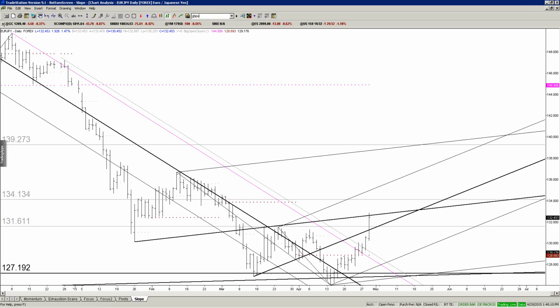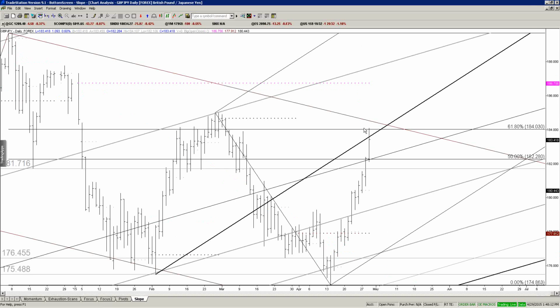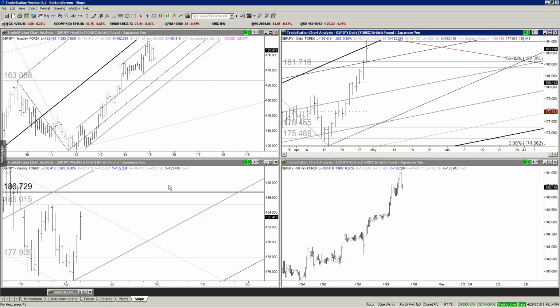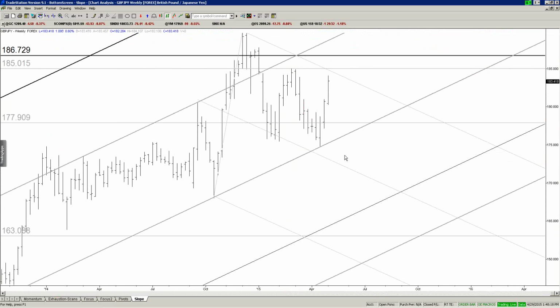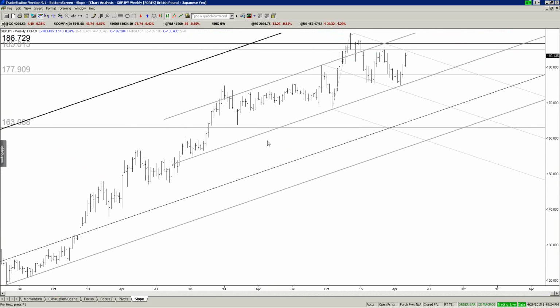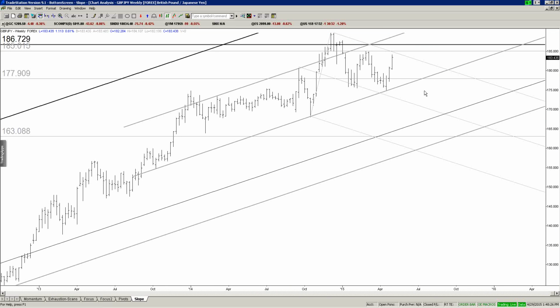Okay. Pound yen's the one that's really interesting from a charting perspective, though. Remember this chart from the 14th? This was the long-term slope, and three weeks later, here we are.